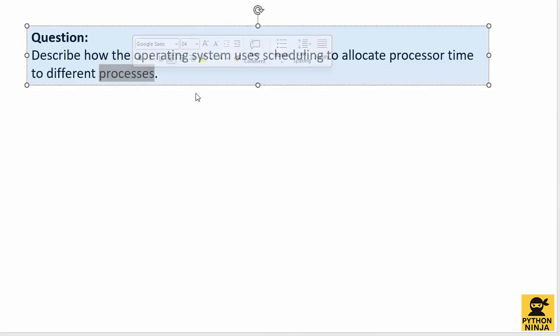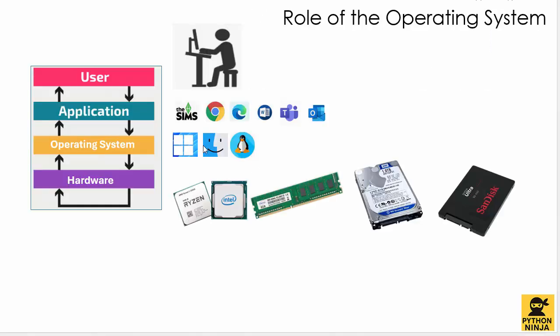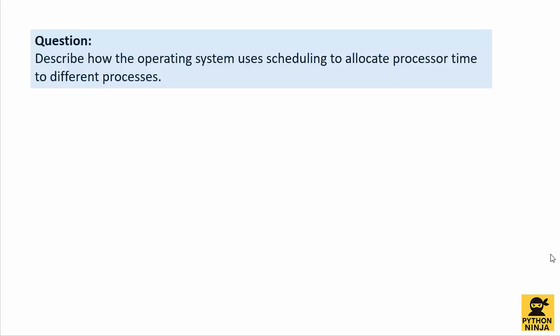What is meant by processes? Processes are basically the instructions that applications generate when they are running. So let's again assume that we are searching something up on the internet using either the Chrome browser or the Edge browser, and when we open that app up, it generates processes that are then sent to the CPU.